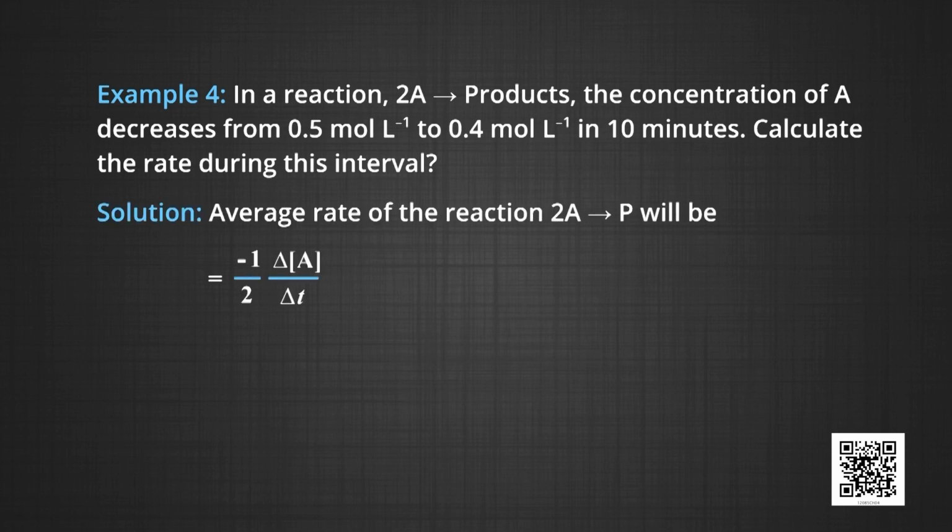Again the solution, the average rate of the reaction 2A giving the products will be equal to minus half delta molar concentration of A divided by delta T, equals minus half A2 minus A1 divided by T2 minus T1. Now A2 is 0.4 moles per liter, A1 is 0.5 moles per liter and delta T is 10 minutes.